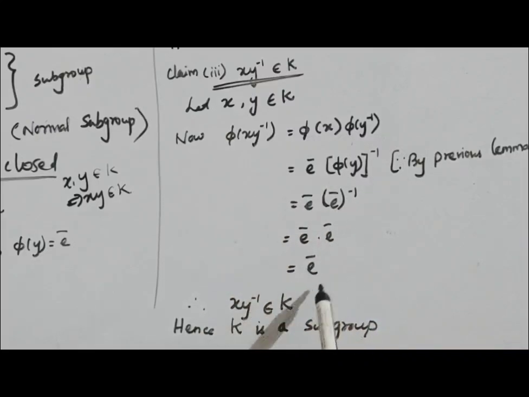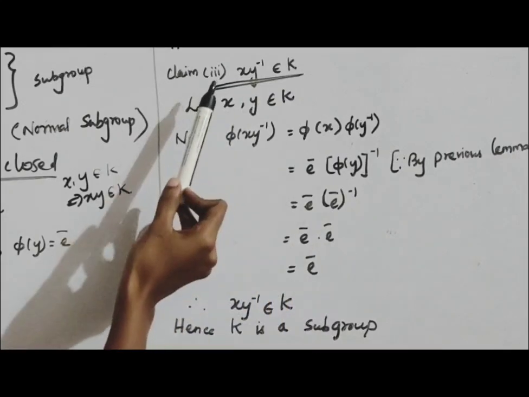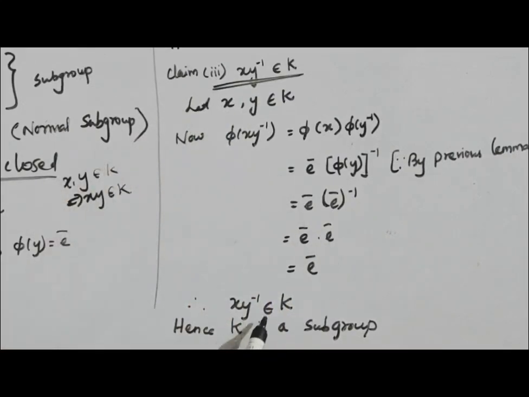Therefore, e bar into e bar is again e bar. Therefore, xy inverse belongs to the kernel K. Hence, K is a subgroup, since K is closed and xy inverse belongs to K.